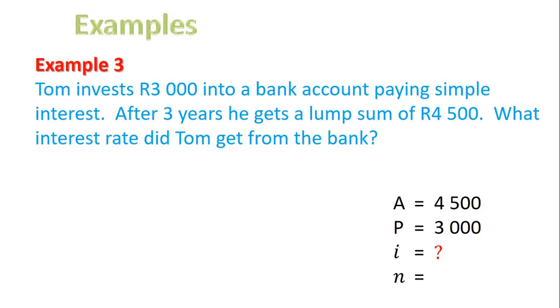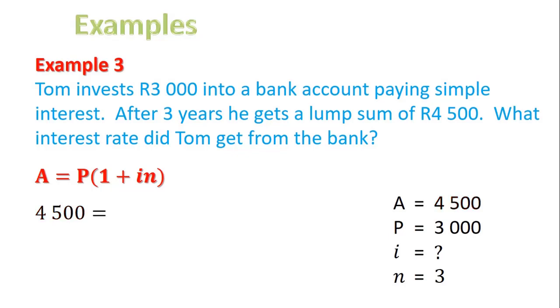Lastly, N, how many years or how many compounds did he invest the money for? Well, it's 3. And so N equals 3. Now we've got 3 out of our 4 values, and it's time to use our formula. Our formula, A equals P(1 plus IN). My A is 4,500.